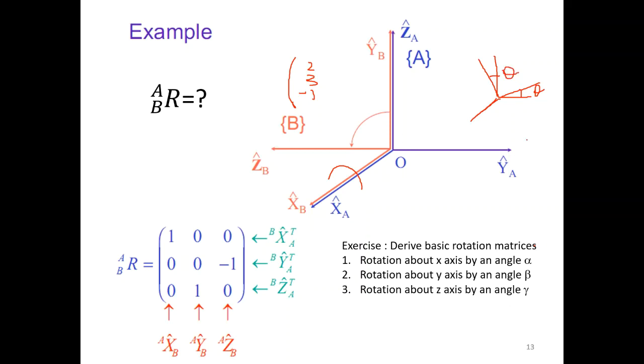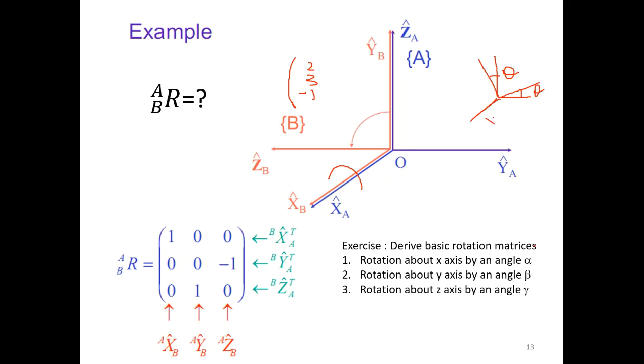You rotate one of the coordinate frames by angle theta around the x-axis and get me the rotation matrix. Now you can do this rotation around the y-axis, around the z-axis. So every time you do the rotation, make sure this axis is the axis of rotation.